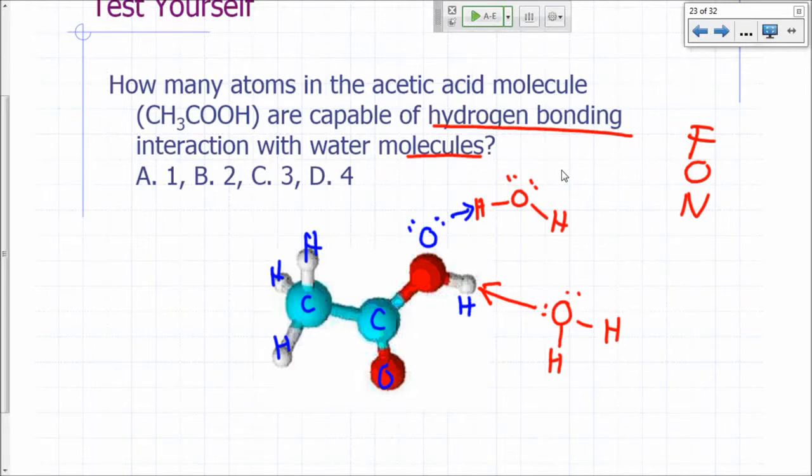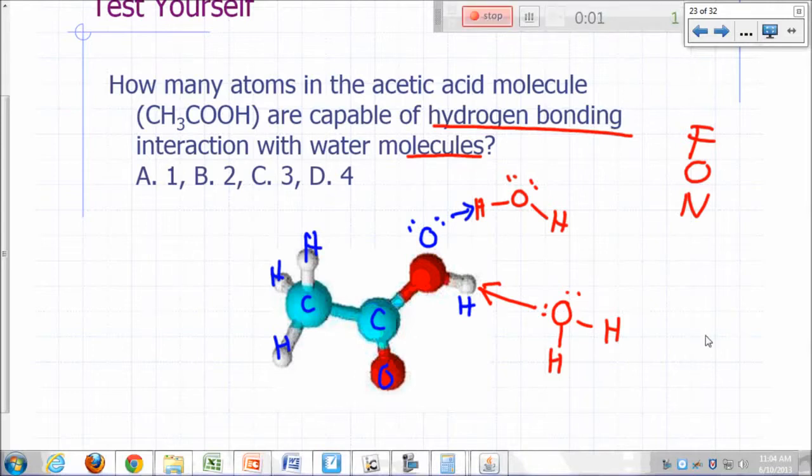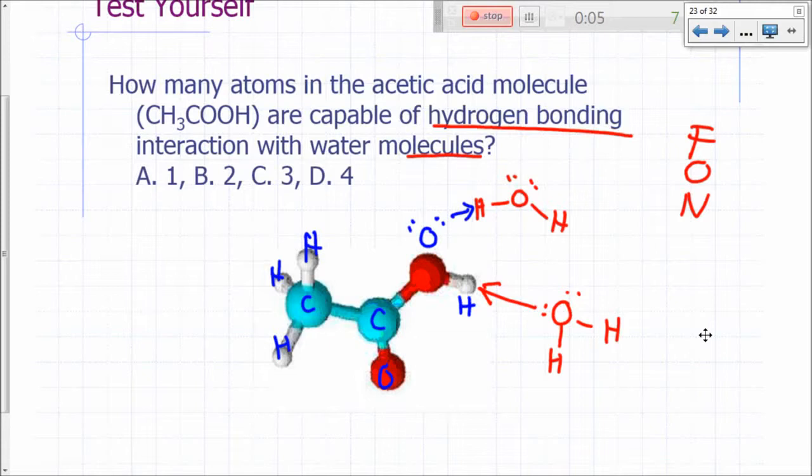To answer this question, how many atoms in this molecule are capable of hydrogen bonding interaction with water molecules? Is it 1, 2, 3, or 4? I've shown you 2 already, so it's not 1. Is it 2, 3, or 4?